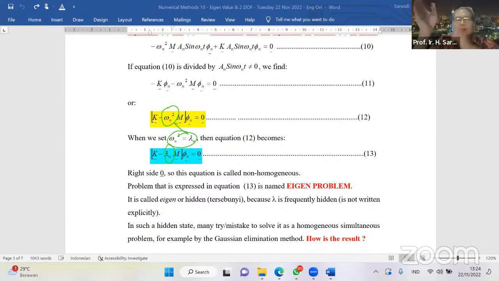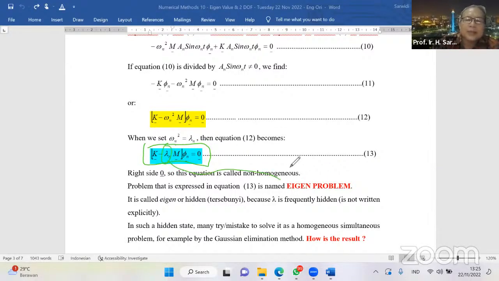Okay, just for a moment you make it simpler, easy to handle. So from equation 12 to become equation 13. What does it mean if this term equals to, because this is a matrix. This is a matrix. So you will have an eigen problem here.